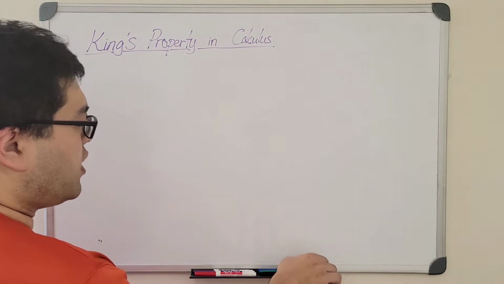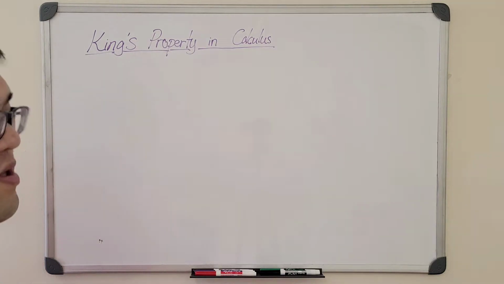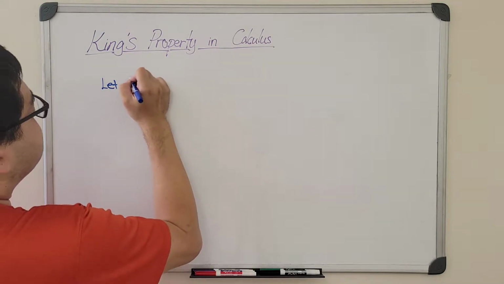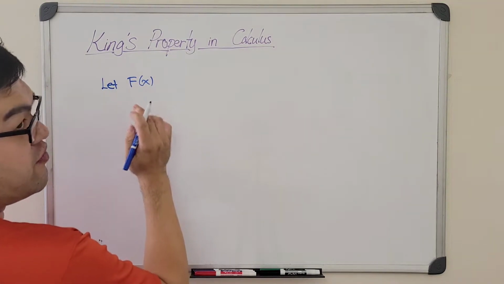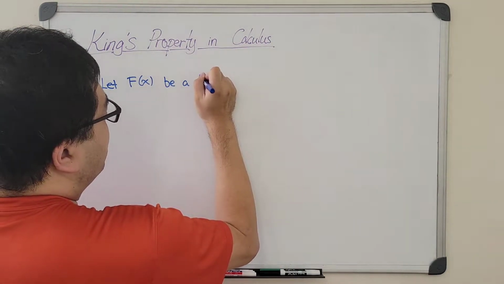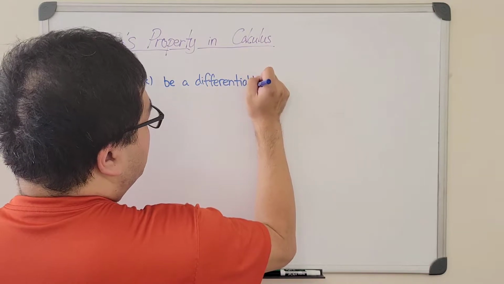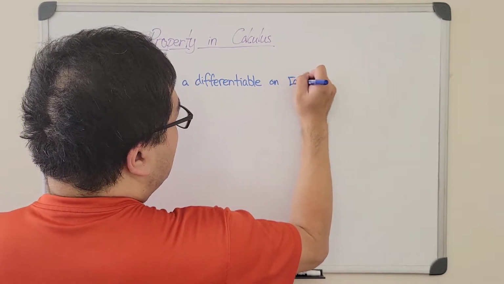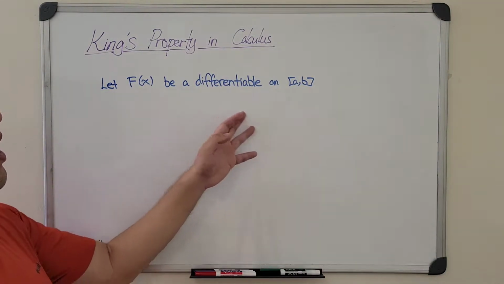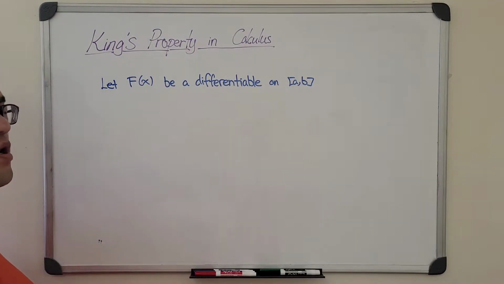Well, before we talk about it, let's look at the fundamental theorem of calculus, part 2, which says: let capital F of x be a differentiable function on an interval from a to b. In other words, this function capital F of x has a derivative in the interval from a to b, and later on I'll just call it lowercase f of x.